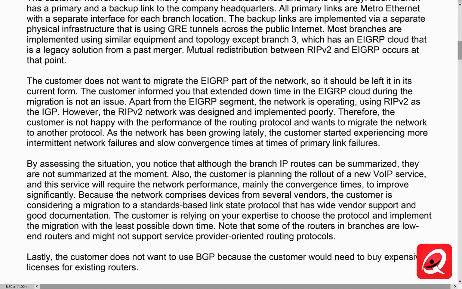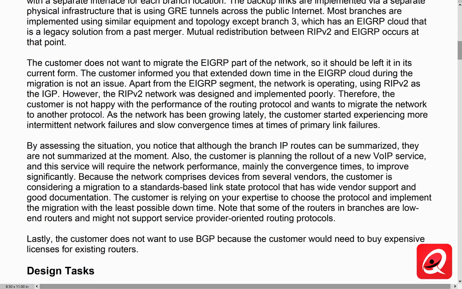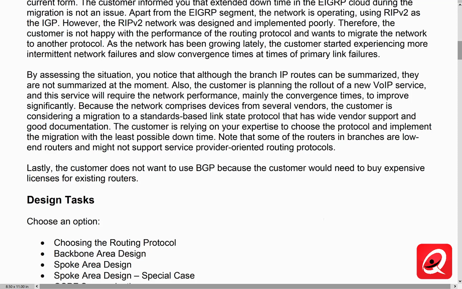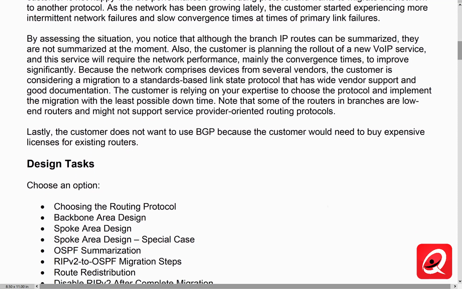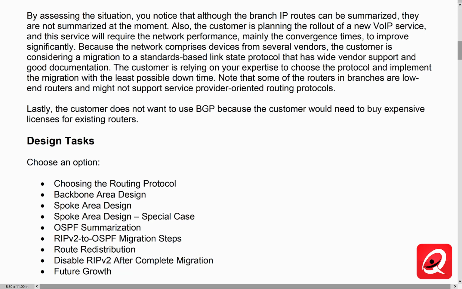As the network has been growing lately, the customer started experiencing more and more intermittent network failures and slow convergence times, and at times primary link failures. By assessing the situation, you notice that although the branch IP routes can be summarized, they are not summarized at this point.